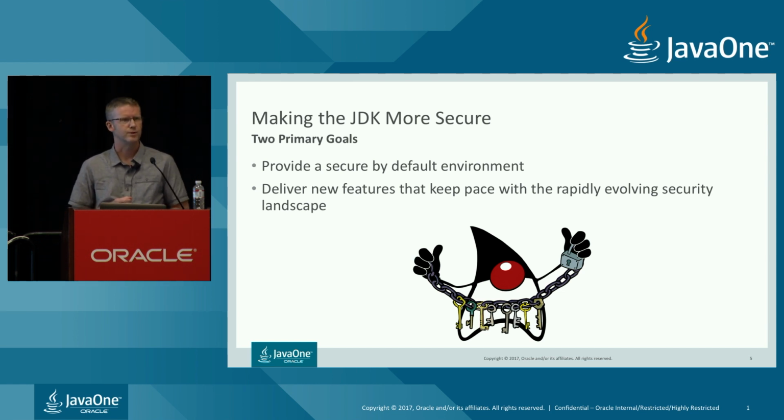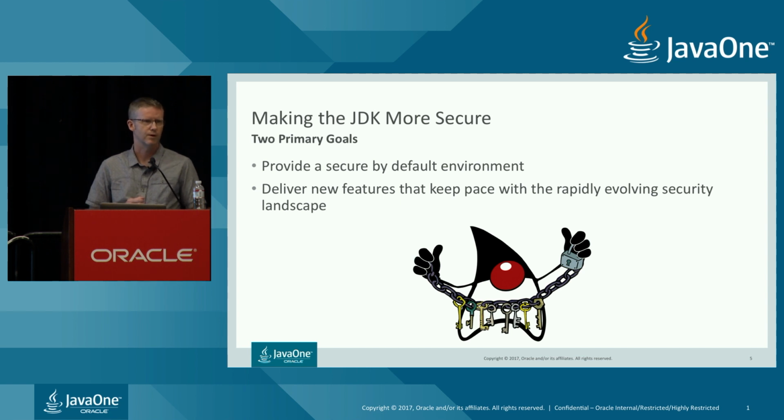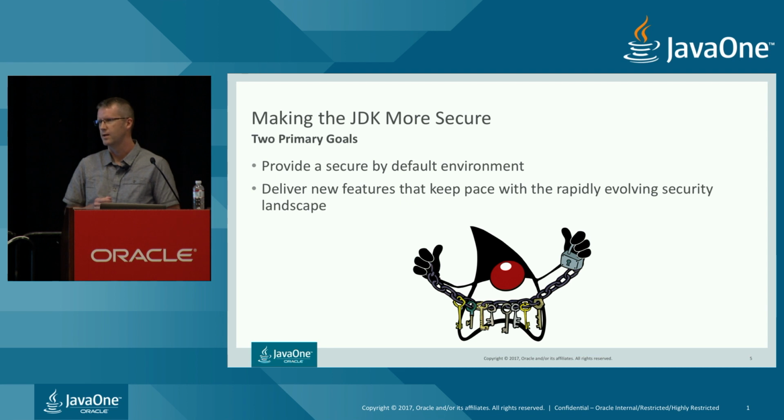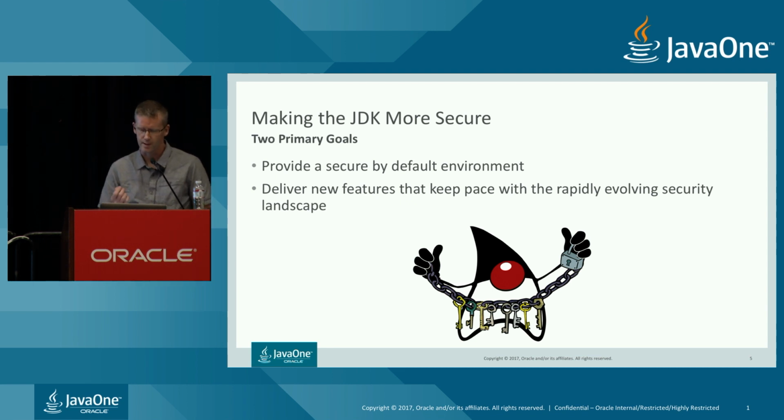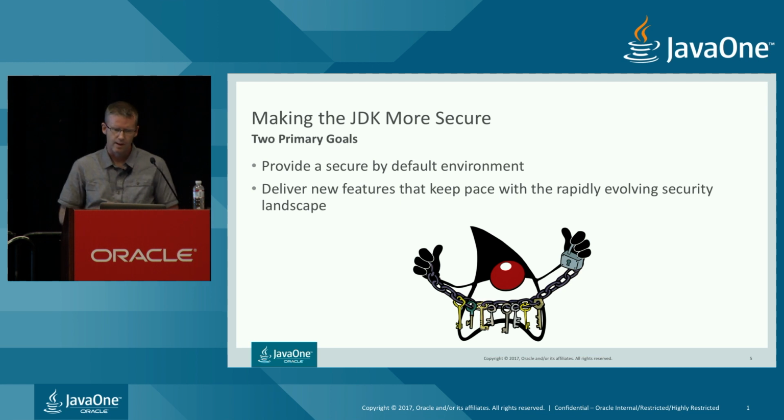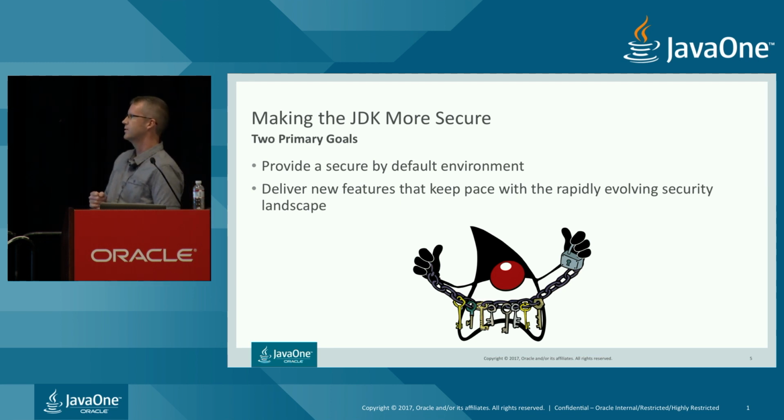We really want to reduce the risk of attacks to your applications, especially if they're processing data over the internet, and that data may be susceptible to attack. The second goal is to deliver new features that keep up with the rapidly evolving security landscape. Anybody that works on security knows the landscape is changing rapidly.